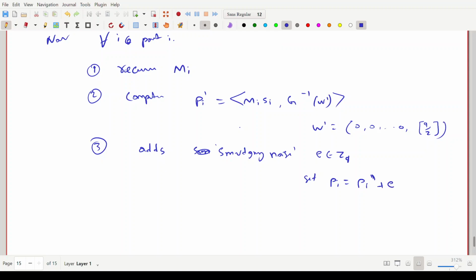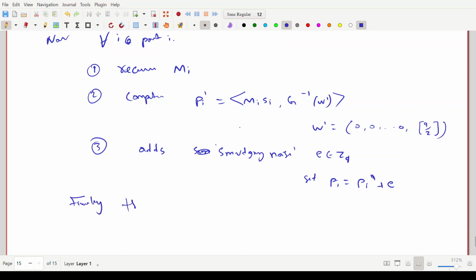What I did, every party, see the first party P1, say he received this M1, he applied his secret key to it, and then added some noise to it and sent it on.